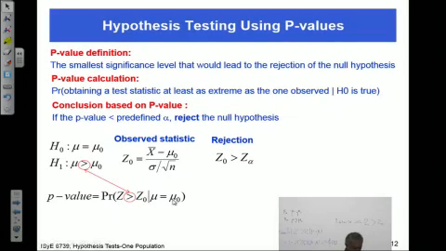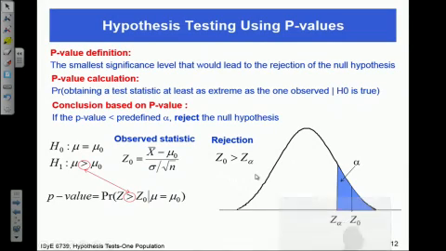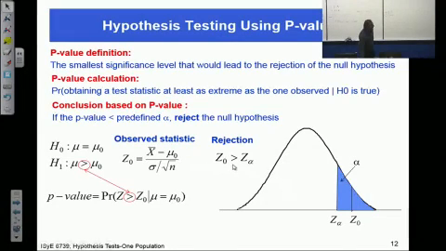It's actually very simple. As I said, this is the rejection region, and here is basically the reason. So the rejection region is what? z0 is greater than z alpha. Okay?